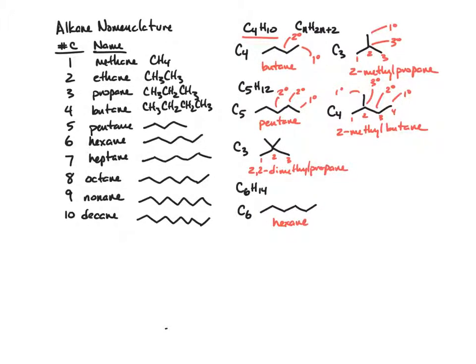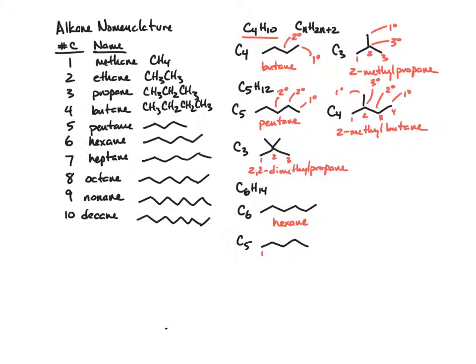We can't do any other sort of constitutional isomer once we have that C6 chain in place. So let's drop down to the C5 chain. So this is going to be a pentane derivative, and we have 1 carbon to put in.